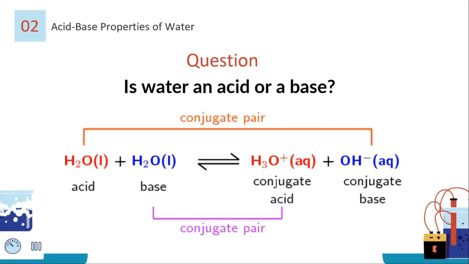In the autoionization of water, a proton is transferred from one water molecule to another to produce a hydronium ion and a hydroxide ion. So to answer the question, is water an acid or a base? Basically, water acts as both acid and base.